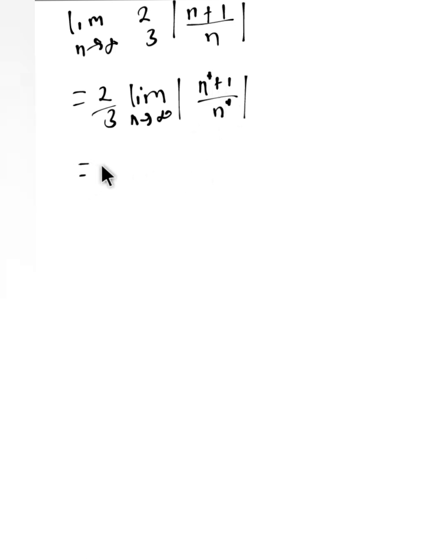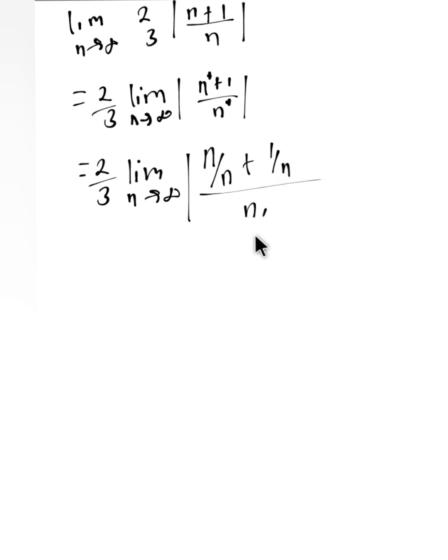So it becomes 2 over 3, the limit as n tends to infinity of n plus 1 over n all over n over n. The reason why we are dividing by n is because n raised to the power 1 is the highest power. Assuming we have n raised to the power 3 here, we will divide all through with n raised to the power 3.